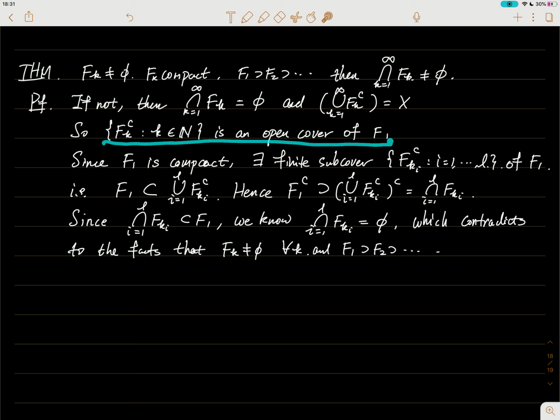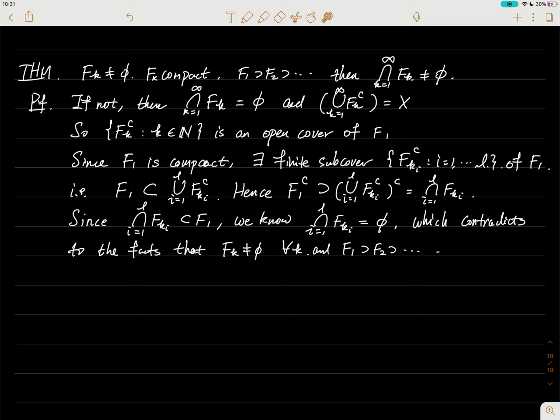But because F1 is compact, I can find a finite subcover for F1. I call this finite subcover F_ki. Originally I have countably many of those F_k complements, but I only need finitely many of them. I call these K1, K2 up to KL. So F_k1 complement, F_k2 complement up to F_kL complement will cover this F1.